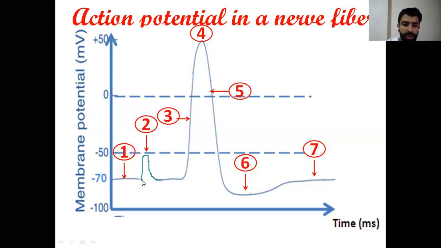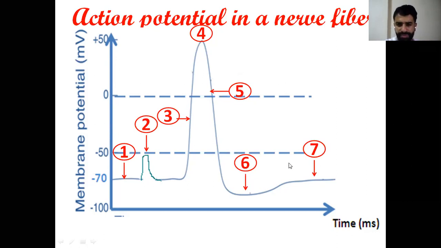Number six, we move below the resting state, meaning less positive, more negative. We move down, minus 80 or minus 90, and that's called hyperpolarization, meaning highly negative. Hyper, for example, if I said Mr. Muhammad is hyper in the session, it means he's very active. Hyperactive is very active. Hyperpolarization, very negative. And number seven is called returning to the resting state.